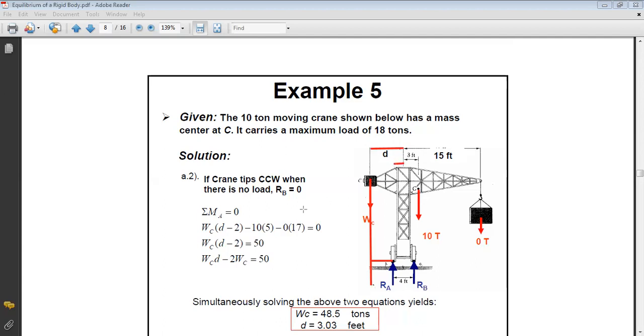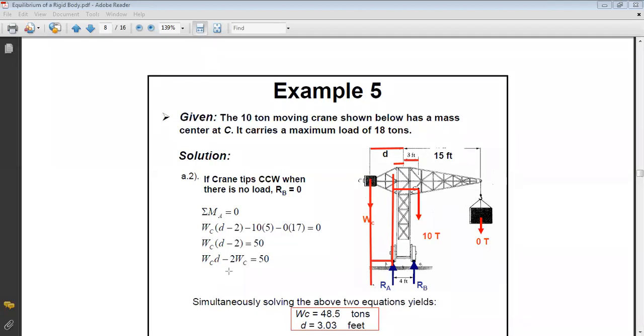Now, the 10-ton force produces a clockwise moment, so it's minus, and I multiply by the distance from A to the line of action of the force. This distance is 3 plus 2, which is 5. So now I got a second relation between WC and D.